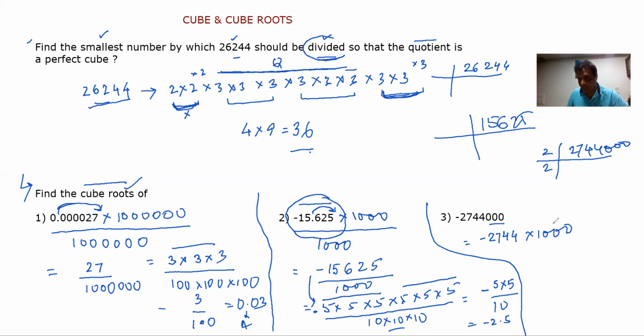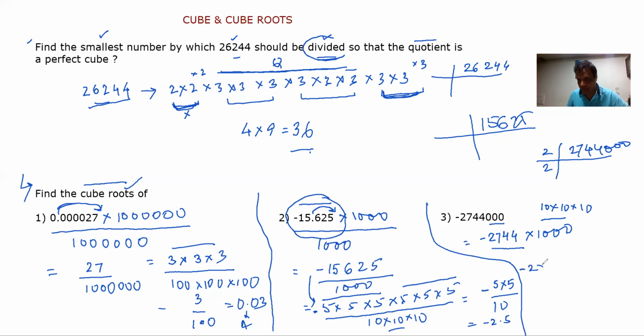Now I know the cube root of 1000 is 10, right? Hence, at least the cube root of this is taken care of. I have to find now the cube root of this number. What is the cube root of this number? Again, do the factors. What factors do you get?